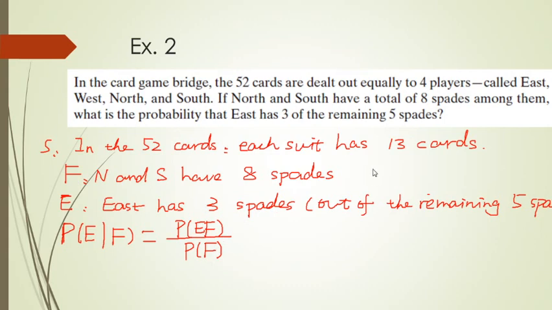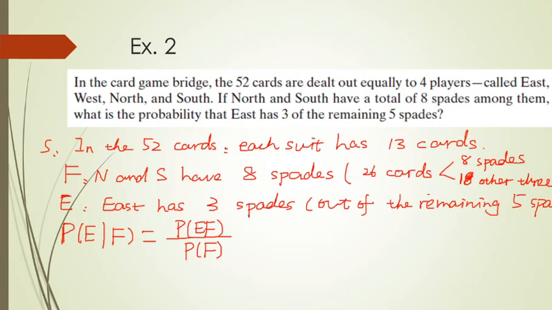what is this one? This one means north and south, so totally north and south they have 26 cards, for those 2 players. So for the event F, they have 26 cards, but they have 8 spades, and the other 18 are other 3 suits.